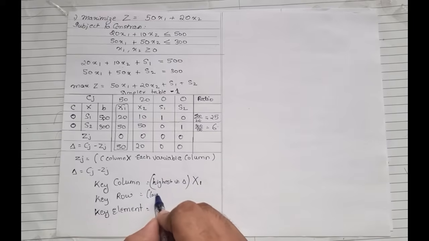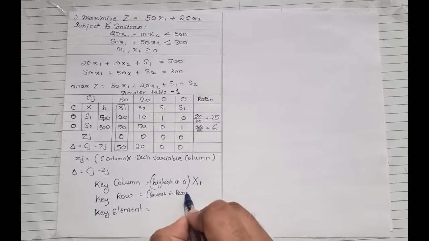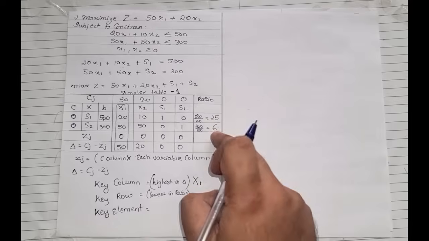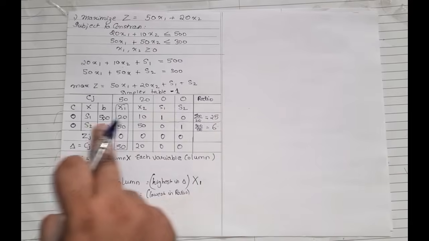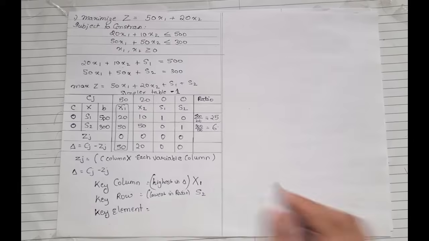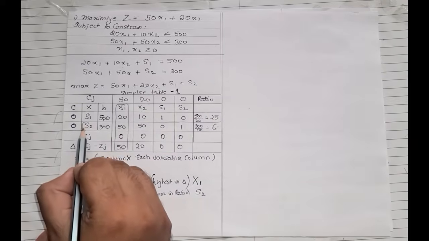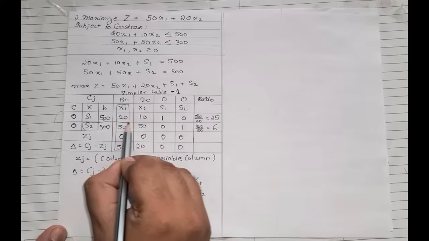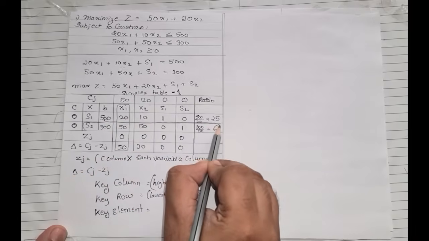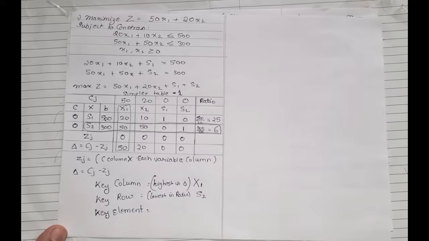Now from these two, the key row is always the lowest in the ratio. So among the two, which is the lowest? 6 is the lowest value. Lowest value stands for S2, so my key row is S2. Now we need to mark this, so this whole row gets marked out.